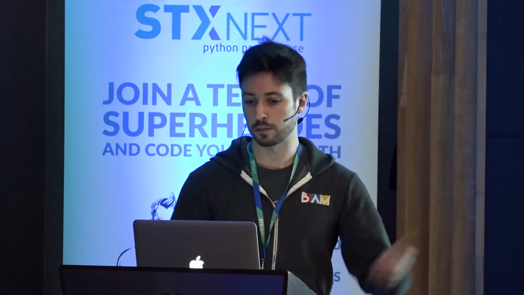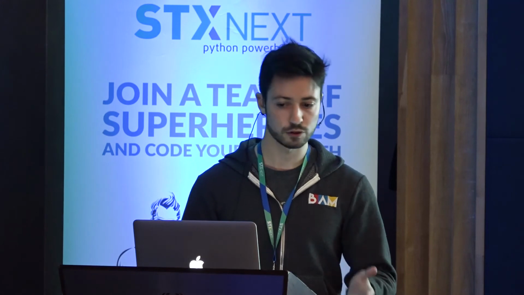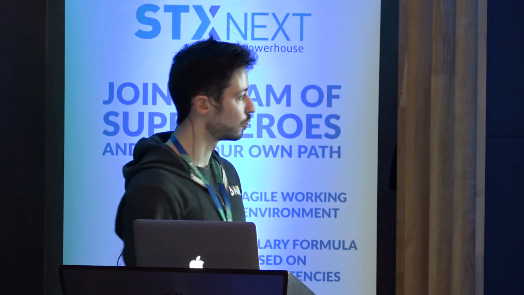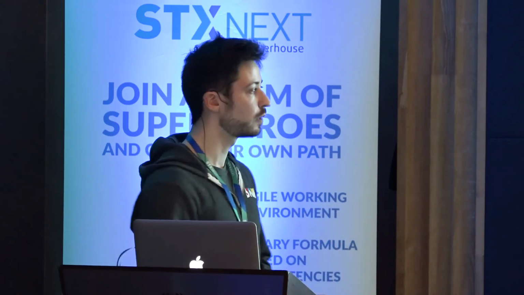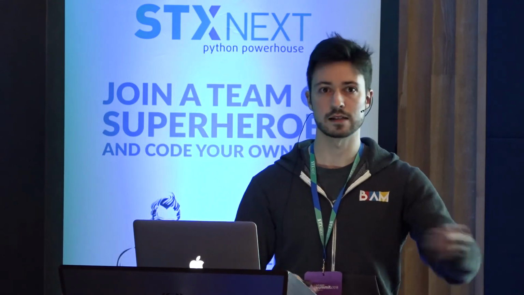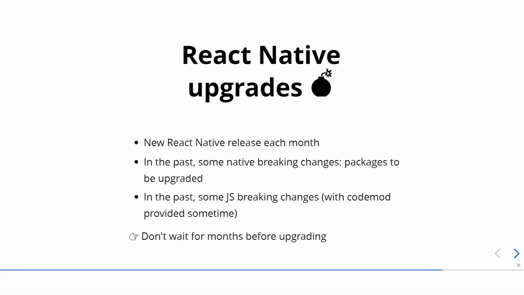For example, the shadow is handled differently on both platforms. The font rendering is also different, and some APIs are only for one platform. So be sure to always test on both platforms. What we have at BAM is a device lab where we can get a device and test on it.